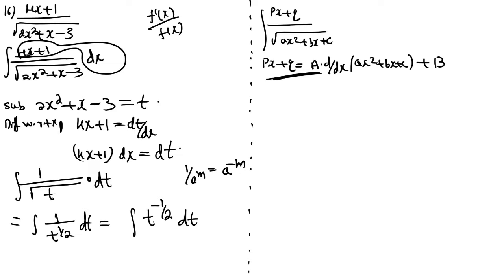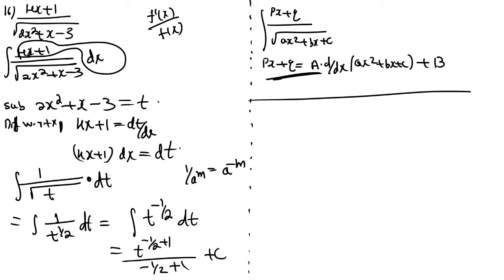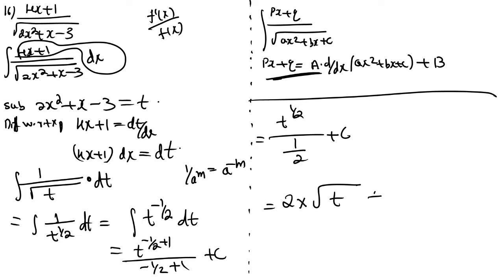Integrate by the direct formula, it's equal to t to the power minus 1 by 2 plus 1 divided by minus 1 by 2 plus 1, plus c. If you simplify this, what you will get, t to the power 1 by 2 divided by 1 by 2 plus c. Take 1 by 2 to the numerator, that will become 2 into t to the power 1 by 2, which is root t, plus c.